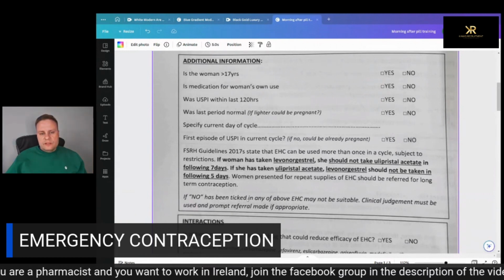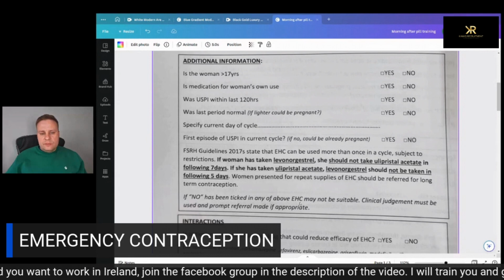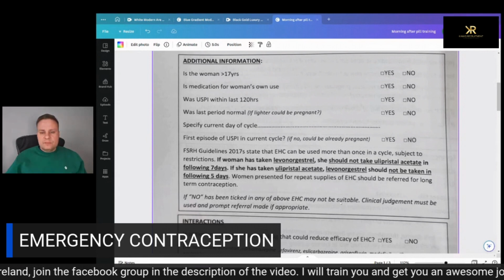If no has been ticked in any of above, emergency hormonal contraception may not be suitable.